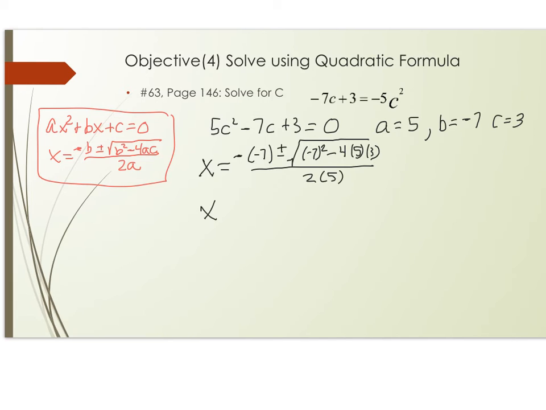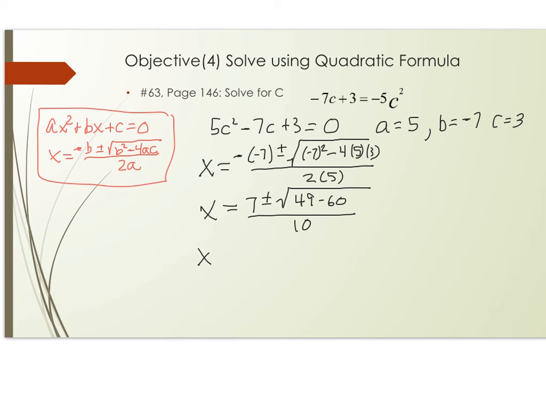So x is equal to 7 plus or minus the square root of 49 minus 60, all over 10.